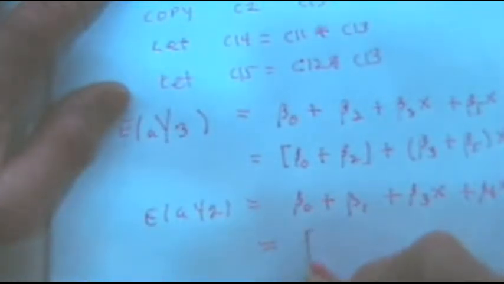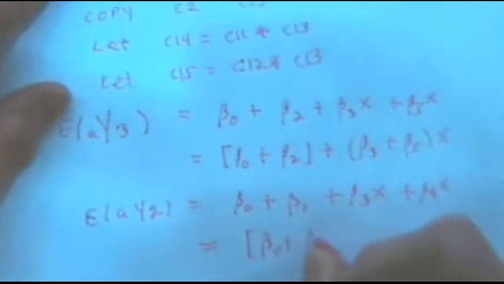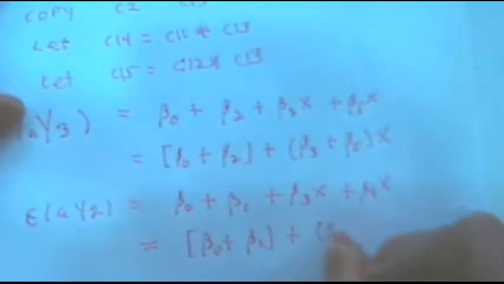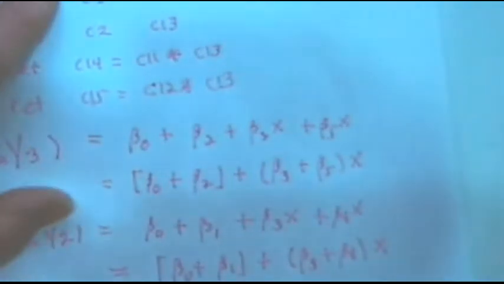So its linear model is beta naught plus beta 1, plus beta 3 plus beta 4 times x. And then finally, how about a y1? Well, the intercept is in, and beta 3 is in.